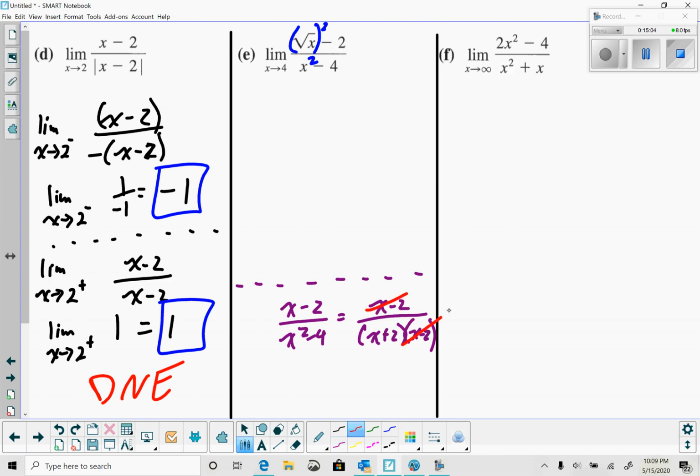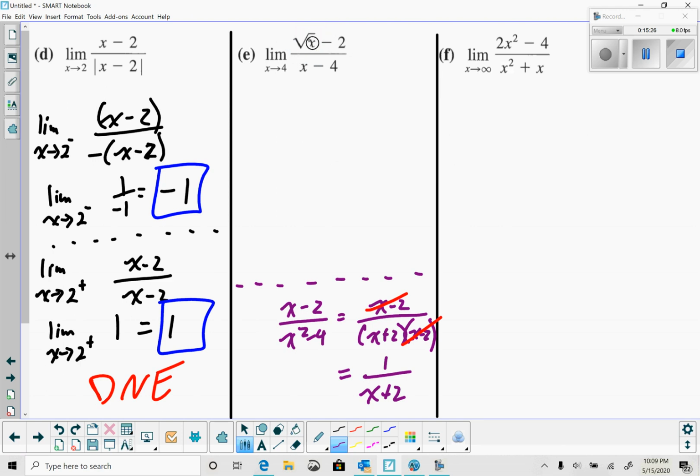And then we could reduce those like factors, and we would get 1 over x plus 2. Okay, hopefully that makes sense. If not, it's a video. Rewind and look at it again.